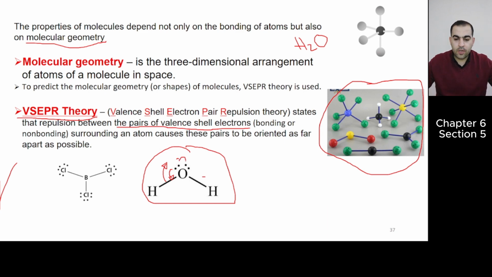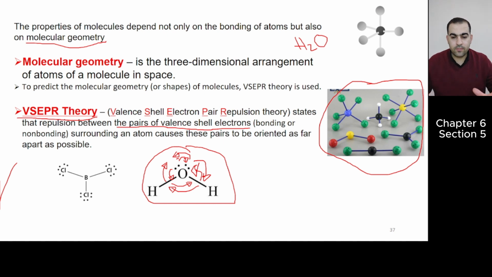Between these two lone pairs we have repulsion too. Also between the shared pairs there is repulsion. They repel each other. So this repulsion happens between all pairs. These two are shared valence electrons. These four are unshared, and we call them lone pairs.